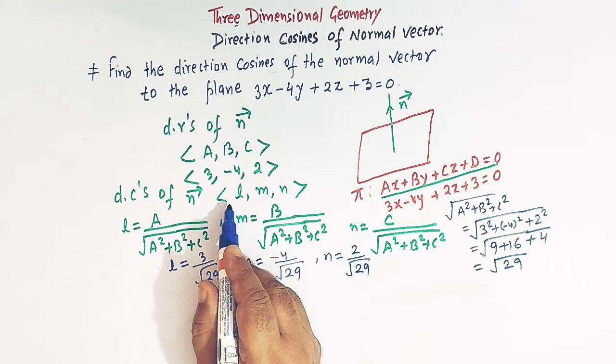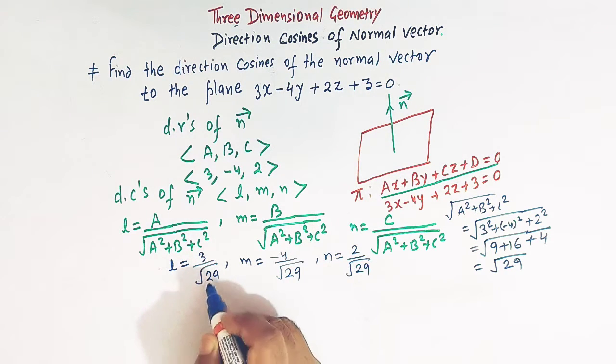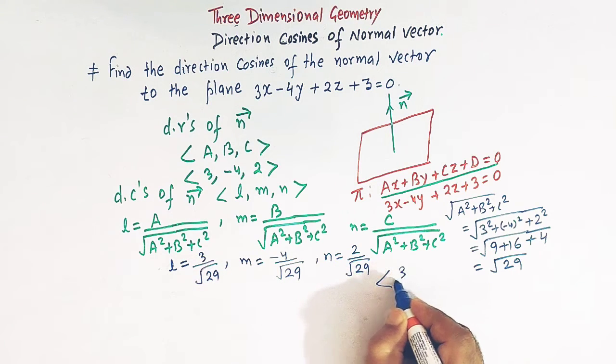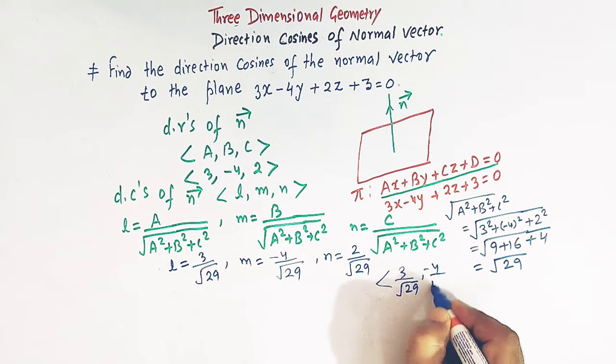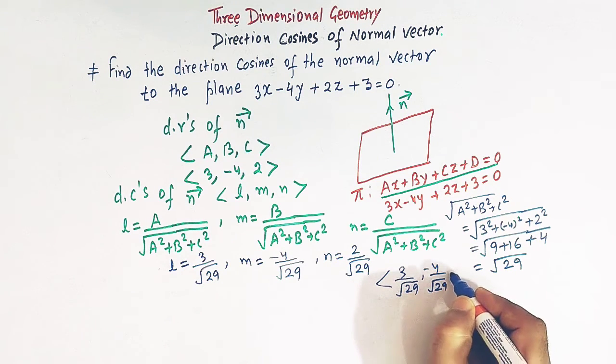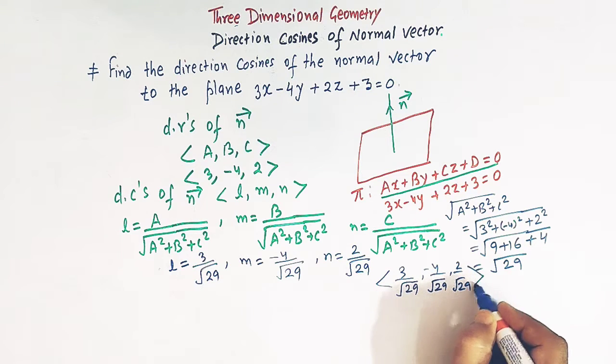So the direction cosines of the normal vector are given by 3 over root 29, then minus 4 over root 29, and then 2 over root 29.